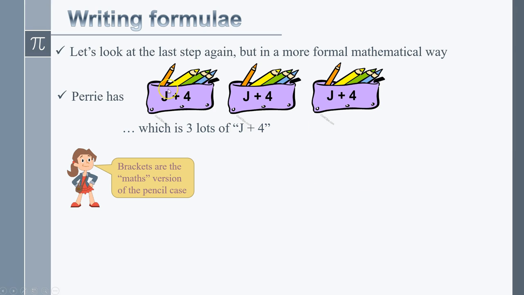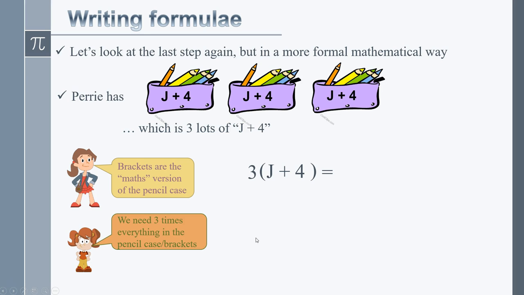So if I wanted to write this statement mathematically, I've got J plus 4, stick them inside the brackets, so actually there's our pencil cases, and I want 3 lots of all of this, so 3 times everything inside the pencil case.